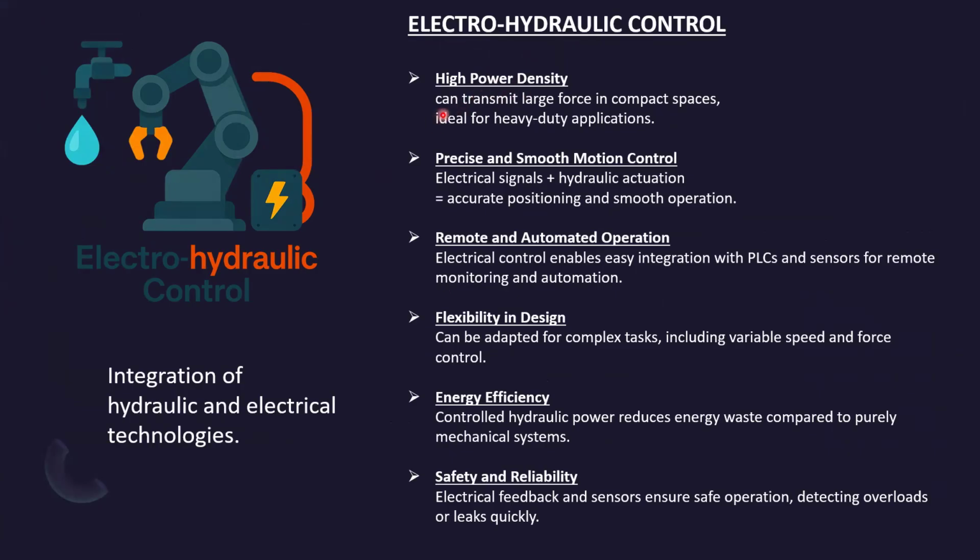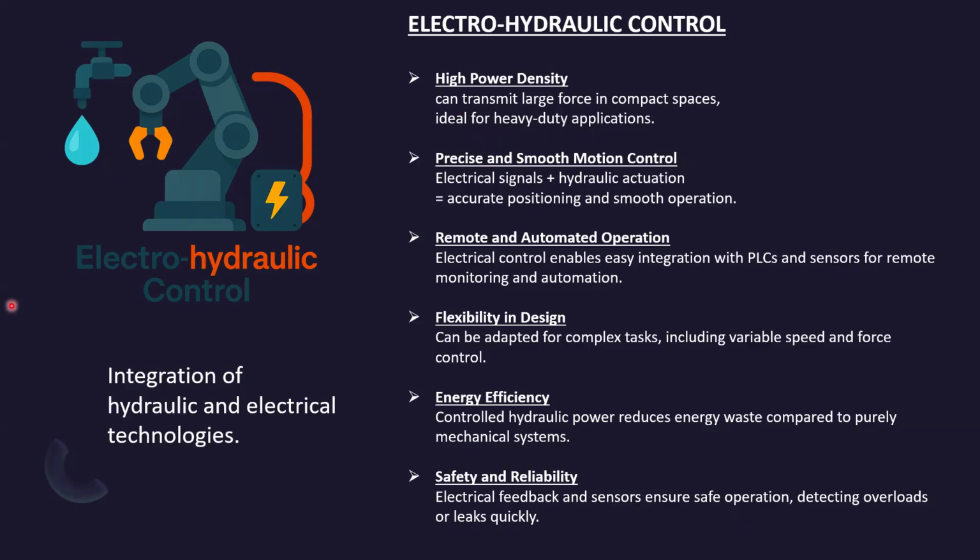High power density is the title of this phrase here. High power density can transmit large forces in compact spaces, ideal for heavy duty applications. Precise and smooth motion control.